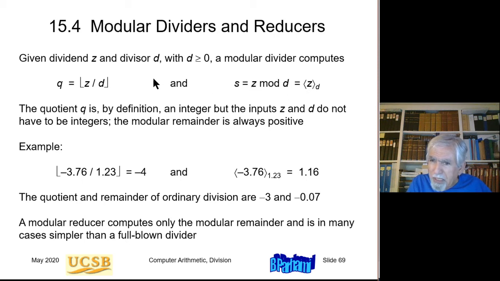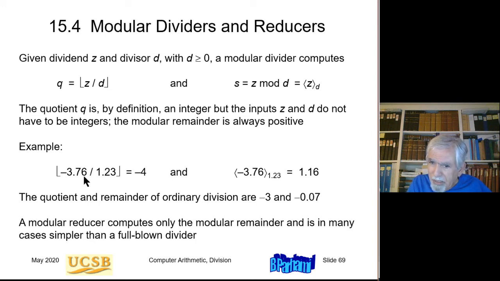Now the difference between this divider and a regular divider is shown in this example. So if I'm dividing this negative number by 1.23, an ordinary divider gives me the quotient of -3 and a remainder of -0.07.